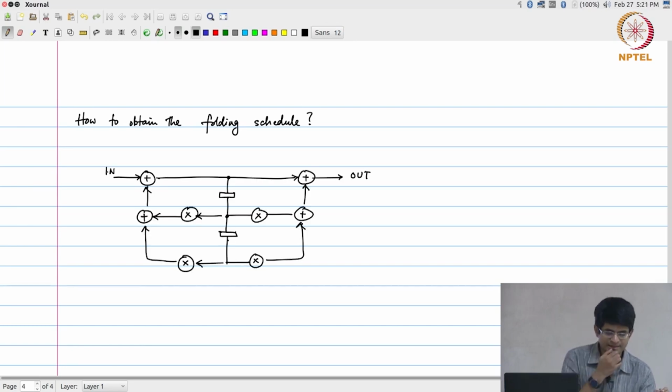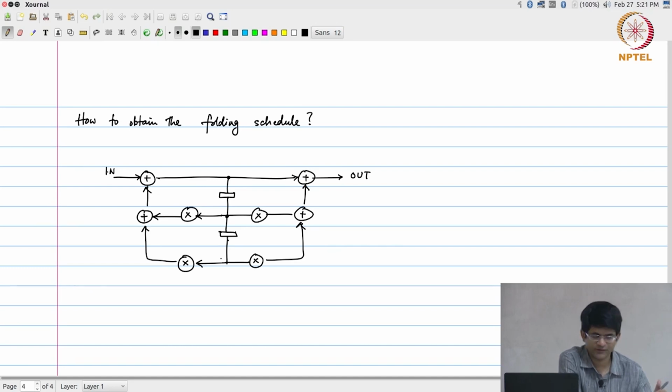This is essentially a second order, or basically a biquad, filter structure. It has two components: an IIR component as well as an FIR component. How did we obtain this? It essentially comes from the structure of y of n equals something y of n minus 1 plus something y of n minus 2 plus something x of n minus 1 plus something x of n minus 2.